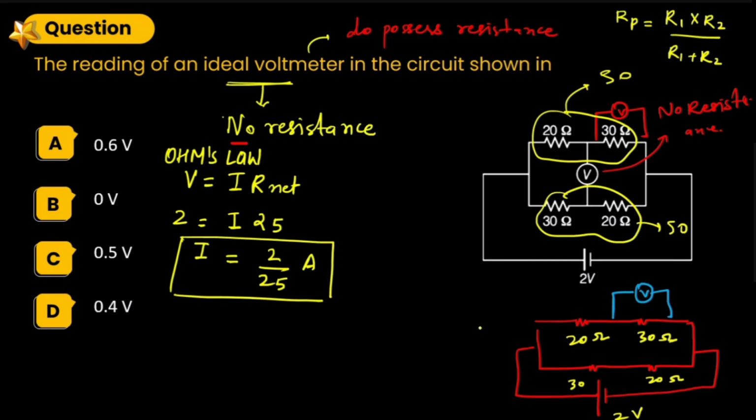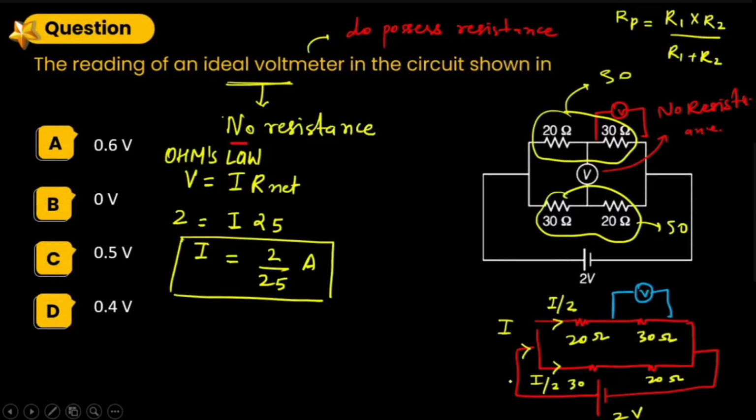Now, if we got the value of current, we can easily find out what is the potential across 30 ohm resistor. So this is the value of current which we have found. As the value of resistance across both the wires, like 30 20 and 20 30 wire, is the same, 50 ohm and 50 ohm, the current that will pass through them will be I by 2 and I by 2.